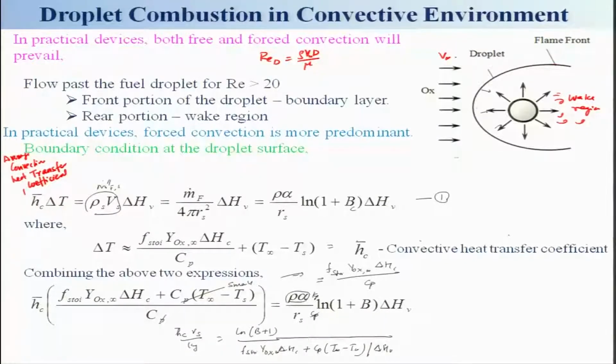You will find this is basically similar to the B. This term you can see is basically the B number. So I can write this as ln B plus 1 divided by B, and this is basically the Nusselt number, based on Rs.